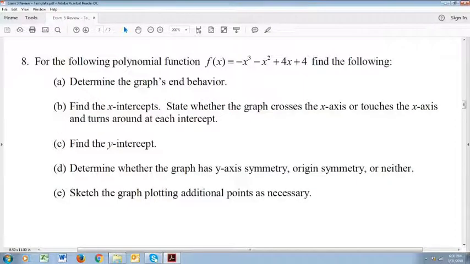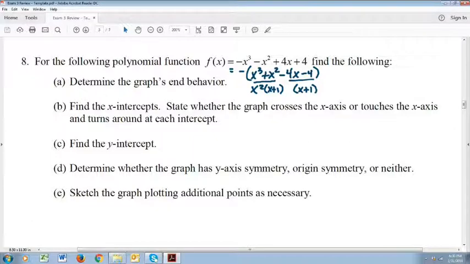Number 8. So this is one where it's not in factored form, so we're going to have to factor this one. So first of all, I'm going to factor out a negative. So basically we're just factoring out a negative 1. So all the signs change inside the parentheses. And then let's factor that by grouping. We get x squared times x plus 1.